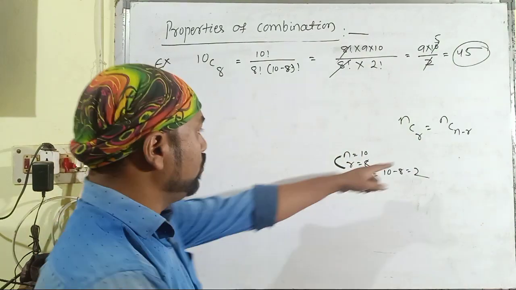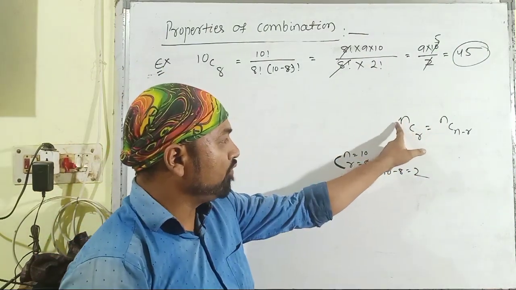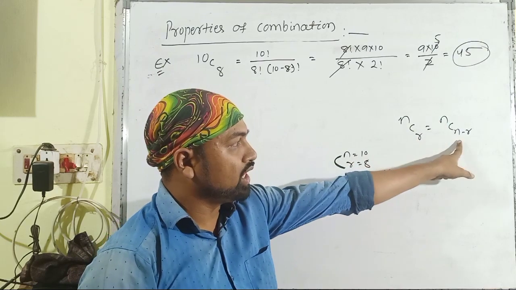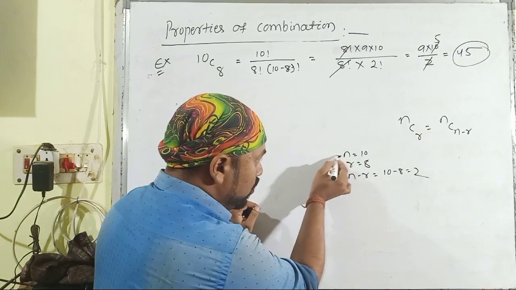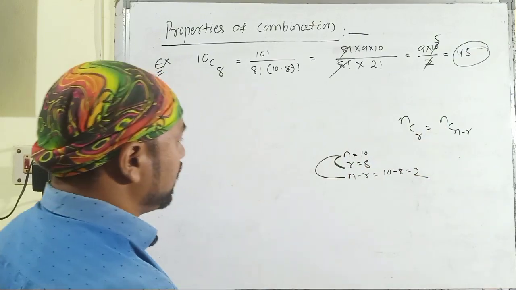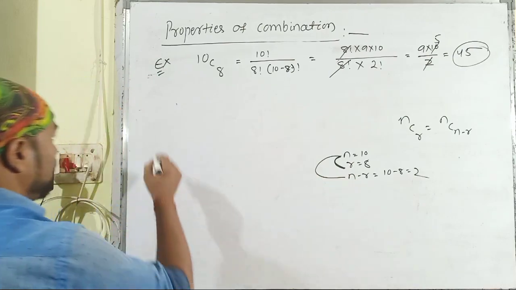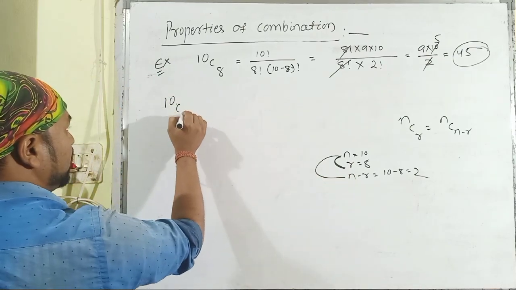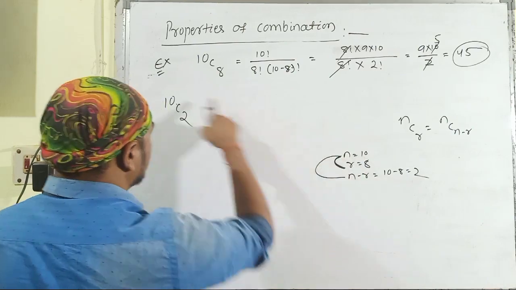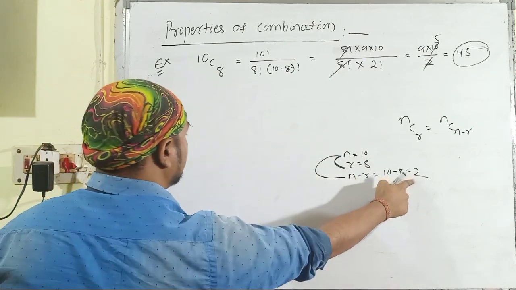Then we have to show that this value of nCr is equal to nC(n minus r). That means we have to consider n and n minus r here. So 10C2, because the value of n is 10 and the value of n minus r is 2.